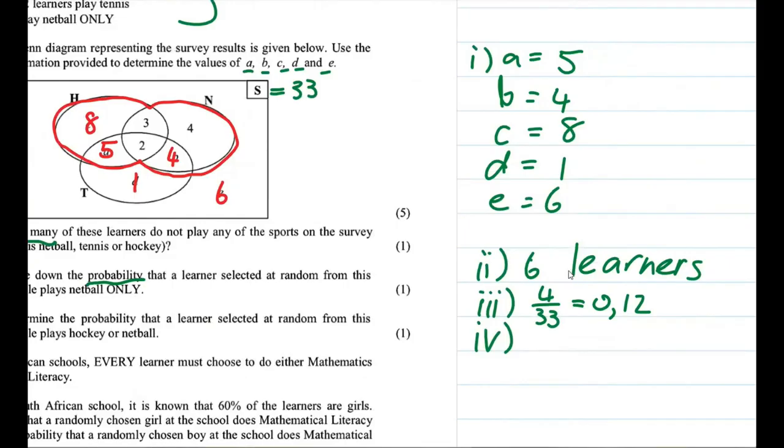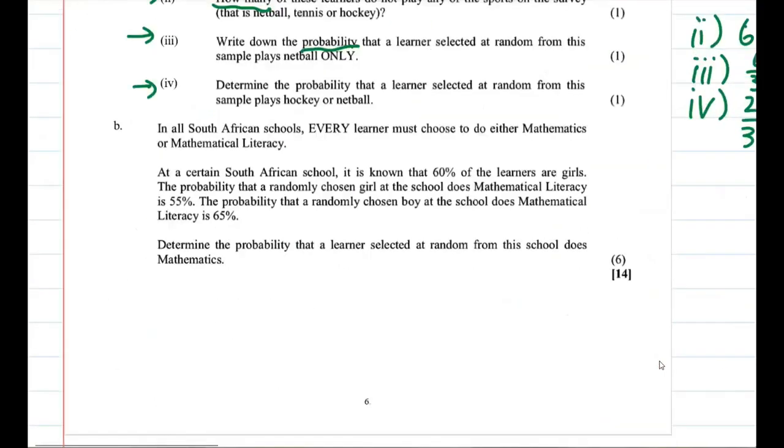It's 26 over 33. Can we simplify that? Nope. But what is that in decimal? 0.79. Kumara, that was perfect.